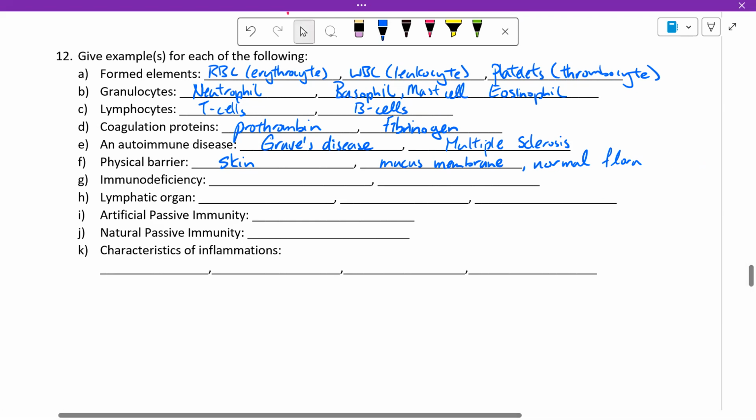The harmless ones, the ones that actually are beneficial to our body. Immunodeficiencies, it can be acquired like AIDS, or it could be something that people are born with, like SCID. SCID is the bubble boy, remember?